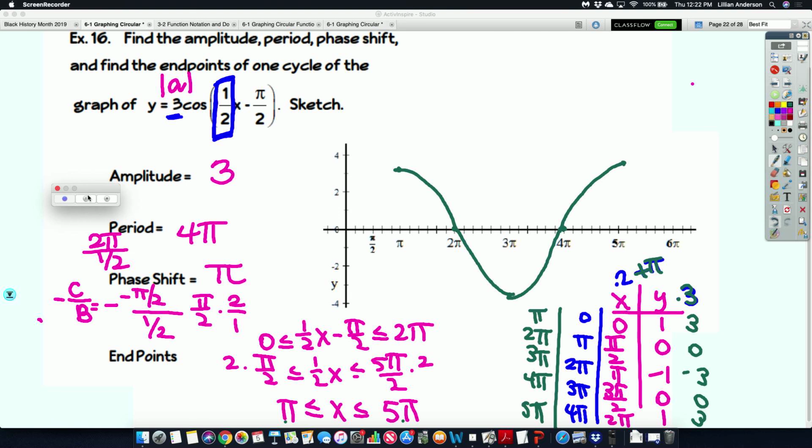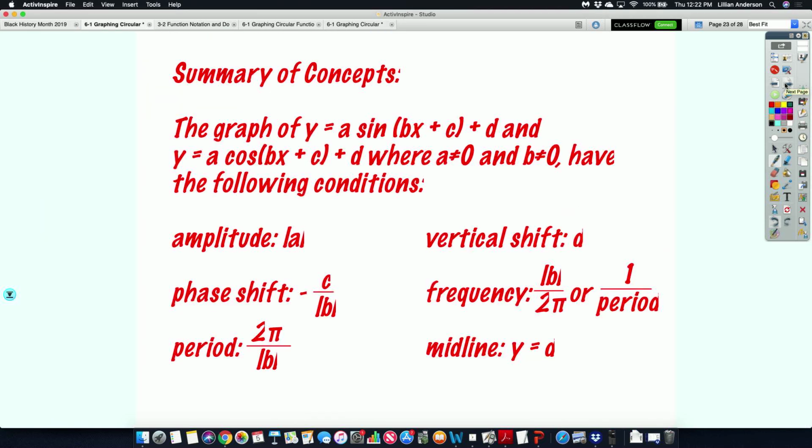So let's summarize what we've talked about. Okay, you guys have this written down at some point in time already. When you have a graph of y equals a sine bx plus c plus d, or cosine, where a does not equal 0 and b does not equal 0, the amplitude is always the absolute value of a. The vertical shift is always d.